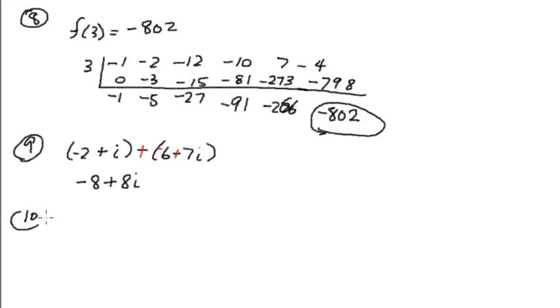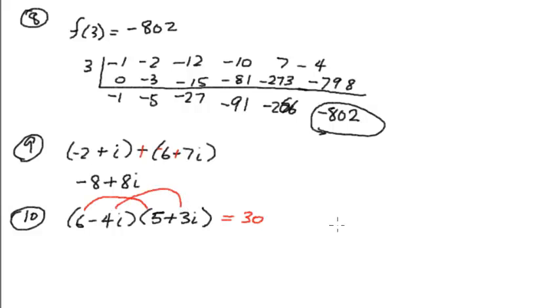Number 10. Multiply 6 minus 4i times 5 plus 3i. I know my real part of my number will come from the top part. This will be 30. And this will be a negative 12i squared, which will be plus 12, because i squared is a negative 1.